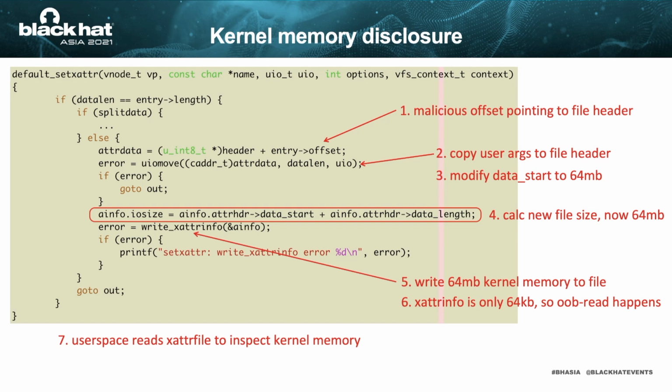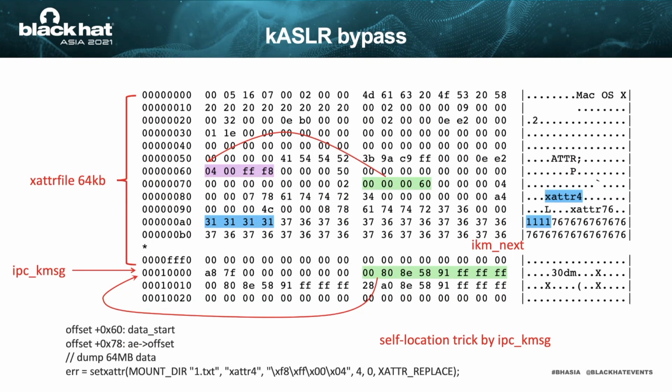The content of the memory after the xattr info page will be faithfully saved to the AppleDouble file. This file, of course, is readable and writable by user space, so we can use this to disclose kernel memory information. Here, I dump 64 MB of kernel memory to the xattr file and display it in hexadecimal.